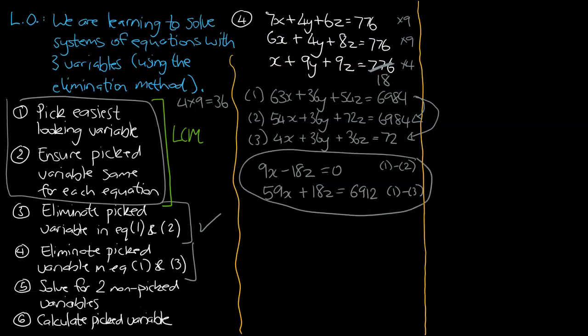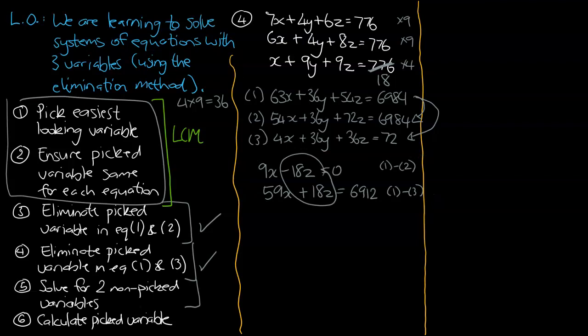So based on these here, we've eliminated 1 and 3, and we're now looking to calculate the two numbers in here, x and z. So luckily this time around, we can see the z's are both 18, which means if we add these two equations together, those z's are going to cancel each other out. So let's call this equation number 4, and that there can be equation number 5.